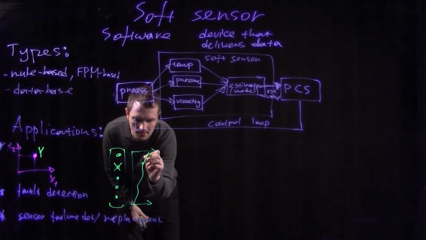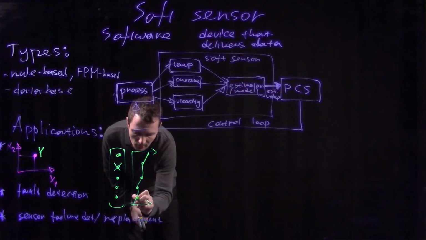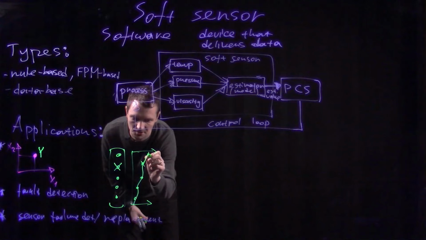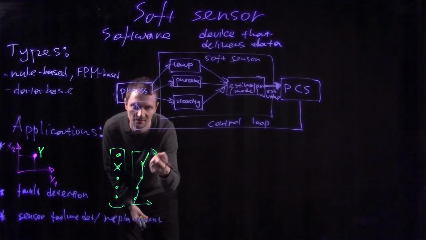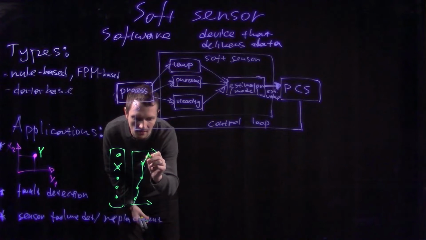And in case your sensor doesn't work anymore, you can say, I will just use this model, the previous data I collected for this plant, for these operation conditions, and then replace it.